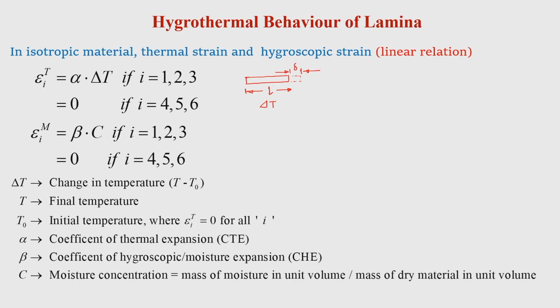this is the change in length delta L, and this change in length delta L is proportional to the temperature change delta T and the initial length L, and this is equal to alpha into delta T into L, where alpha is the coefficient of thermal expansion.